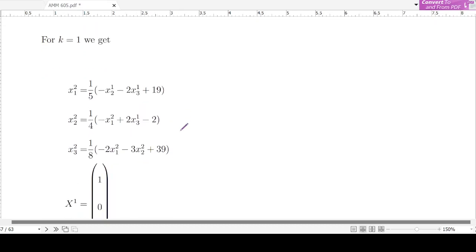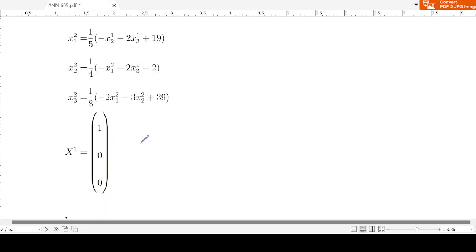So for k is 1, we have x1 2 is 1 over 5 minus x2 1 minus 2x3 1 plus 19. We are substituting x2 1 is 0, x3 1 is 0.